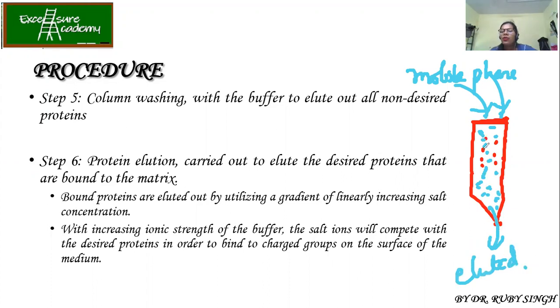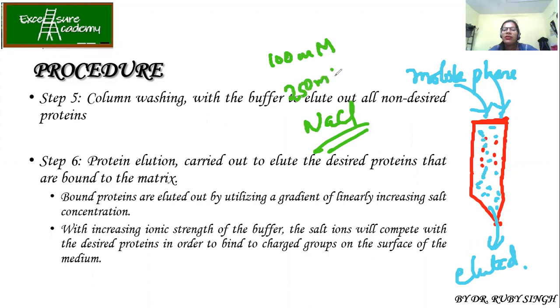Now I need my protein which is bound to the column. So what will I do? I'll start adding the NaCl. Maybe first I can use 100 millimolar, then increase to 250 millimolar, then 500, and the last I'll use is 1 molar. This choice of NaCl gradient you can make your own.